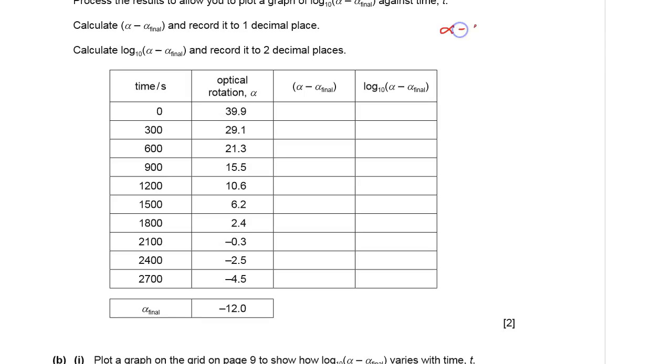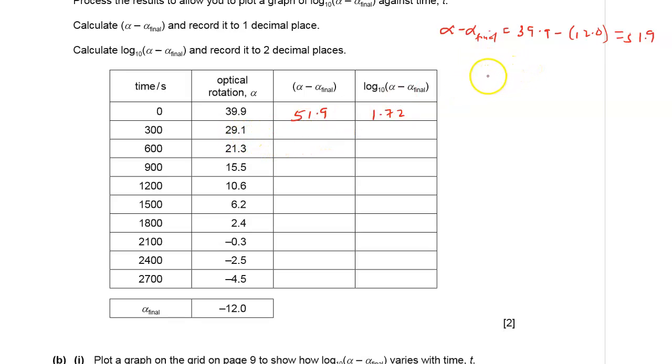To get this, alpha minus alpha final, for example, to calculate this we need 39.9 take away minus 12.0. This will give us 51.9, and logarithm to base 10 of this will be 1.72.